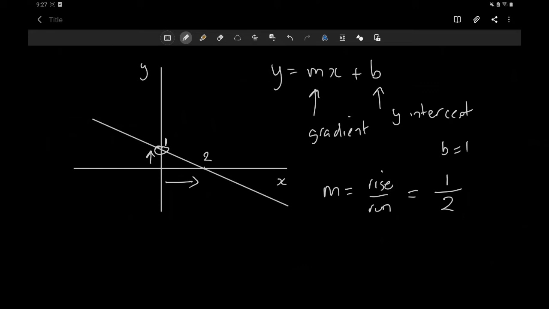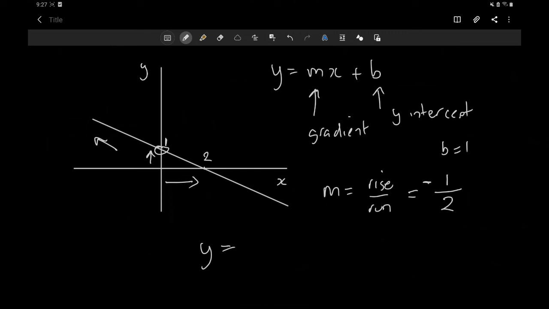Now let's determine whether the gradient is a positive or a negative gradient. Now, as you can see, the line leans towards the left, so therefore it's a negative gradient. So let's write that down, negative. So the gradient is negative 1/2. Now we have everything to put into our general equation of a straight line. So let's write that down.